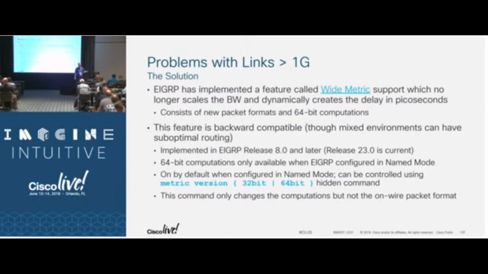If it says that you have EIGRP release 5 or more, you are running them. Also, if you do show ip protocols and the K values you see there mention K6, you're running wide metrics as well, because K6 comes with wide metrics.